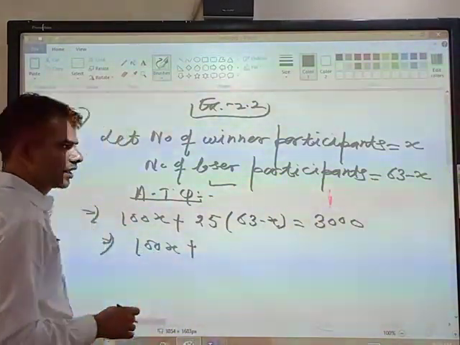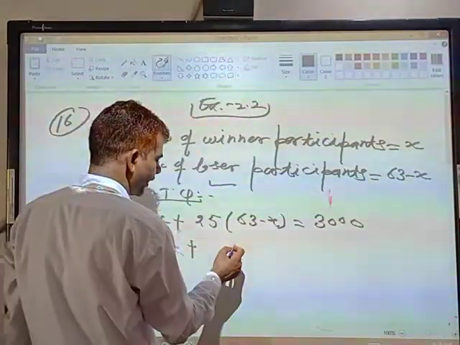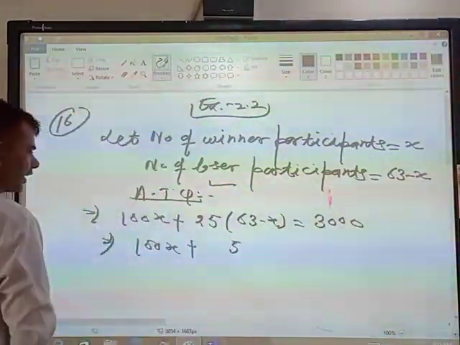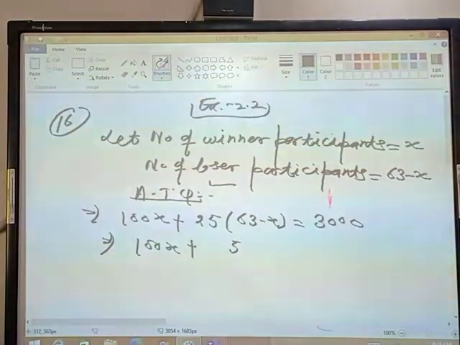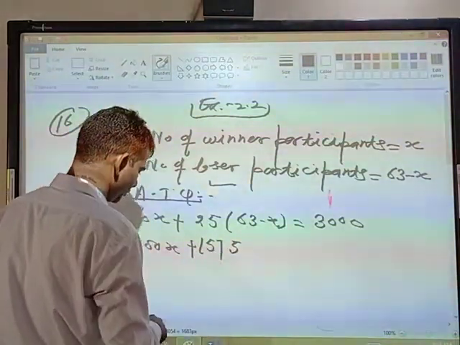25 into 63. 25 fives are 125, plus 25 is 150, 150 or 7, 1575.